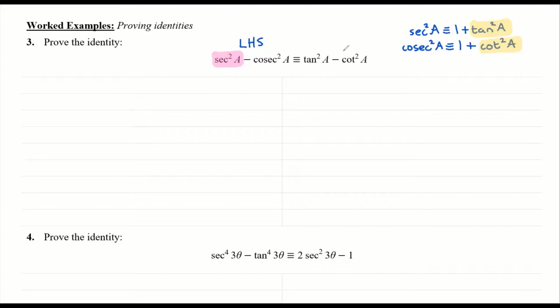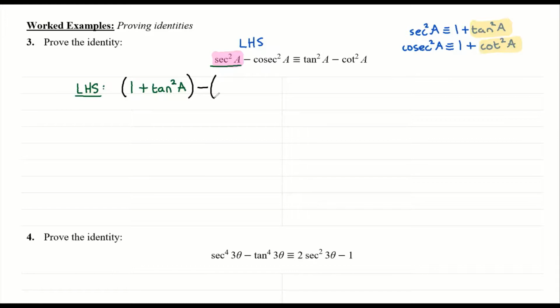So on the left-hand side, we're going to have 1 plus tan squared A, which is replacing this. And just to make it really clear, I'll put this in brackets. So I've substituted sec squared for everything inside that bracket. And then I'm going to be subtracting cosec squared. Now, brackets are really important here as well.